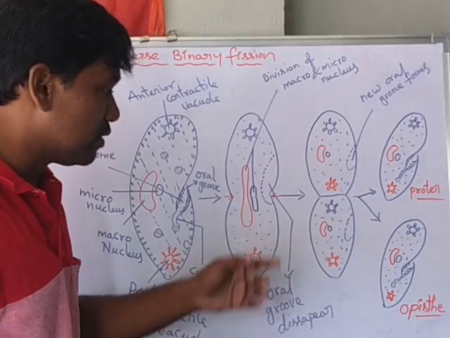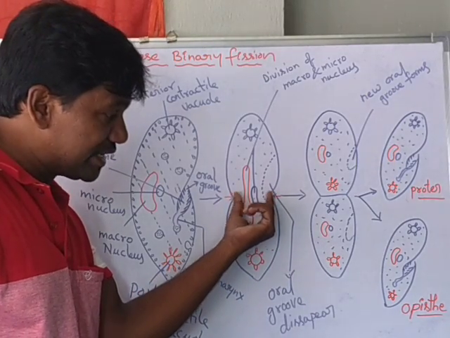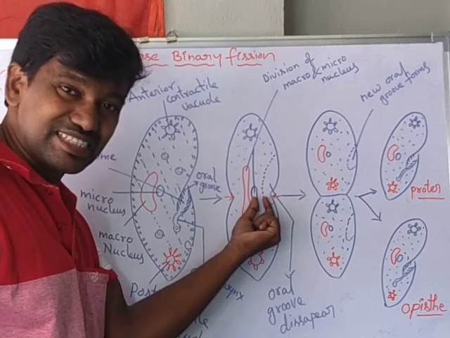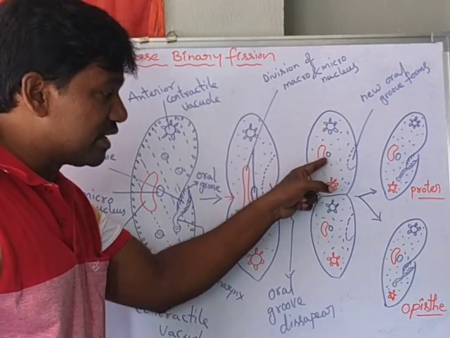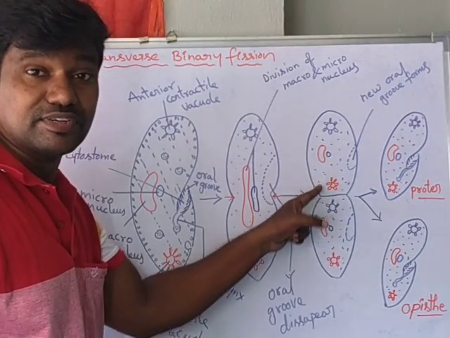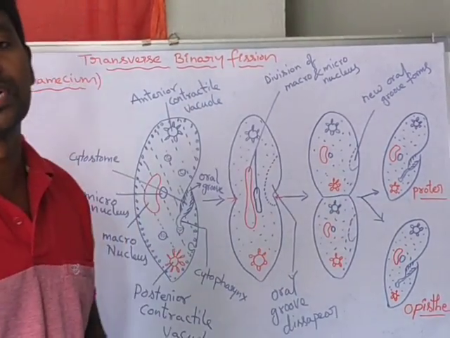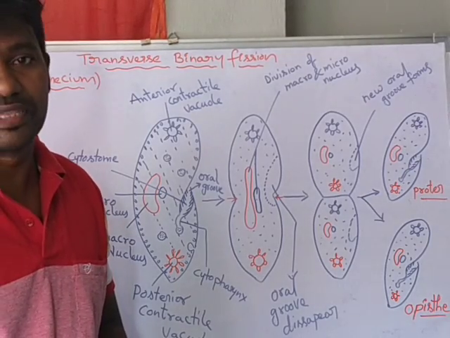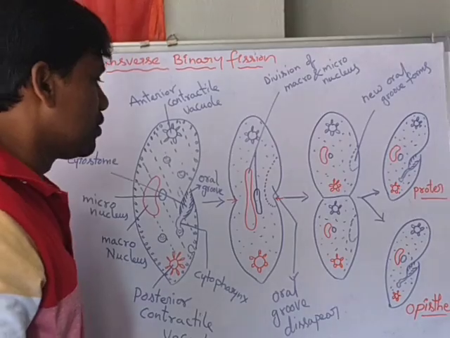These constrictions gradually deepen inside, and then the one parent individual is divided into two daughter individuals. The whole parent body is divided into two daughter individuals by the formation of constriction.